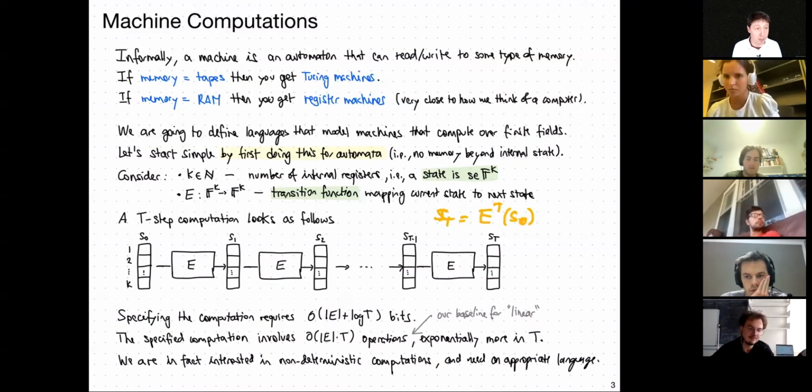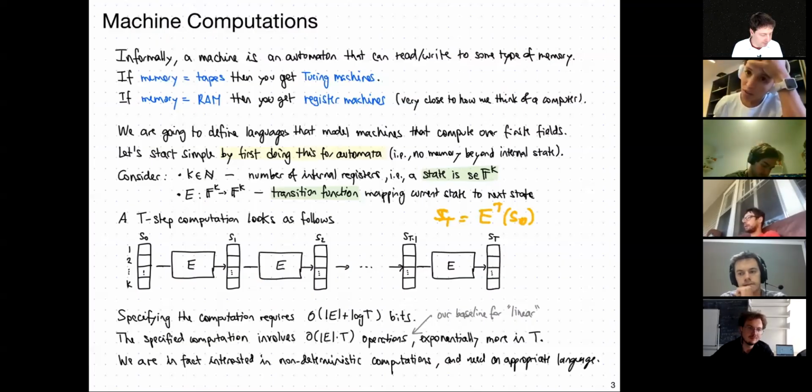Automata are just finite state machines with no memory, where the whole state is just in the registers. So we're just performing some state transition t times, and there's some logic that represents how we evolve things. Okay. Question? Great.